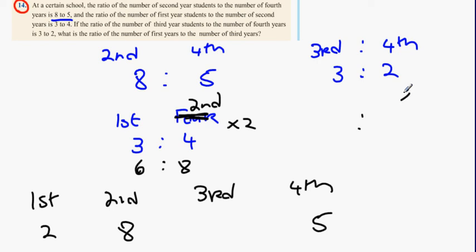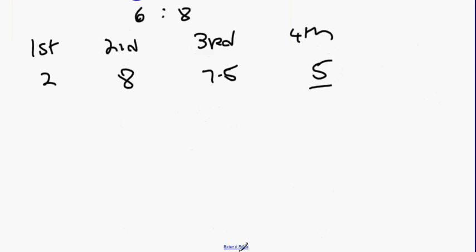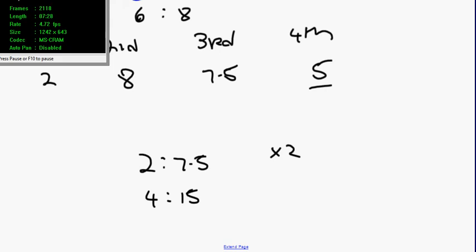So if I multiply this by 2.5, I can turn that into 5, because that's the number down here, and then I get 7.5 third years.